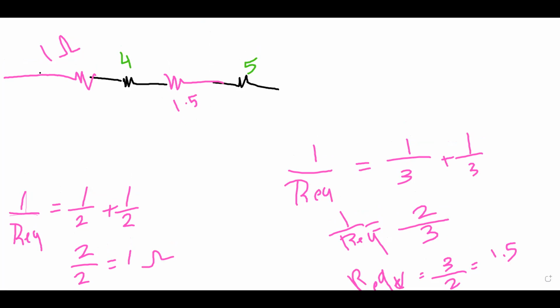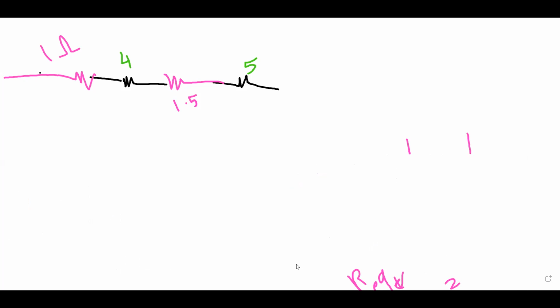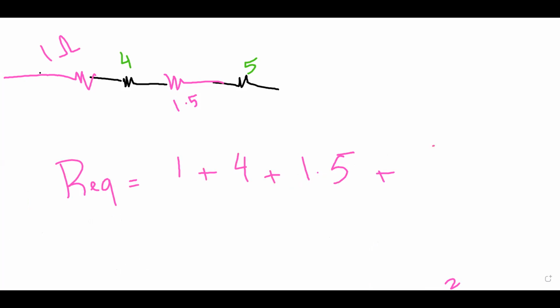After that, I look at it now. How are they connected? In parallel or in series? Series. Series, bravo. So the R equivalent will be 1 plus 4 plus 1.5 plus 5.